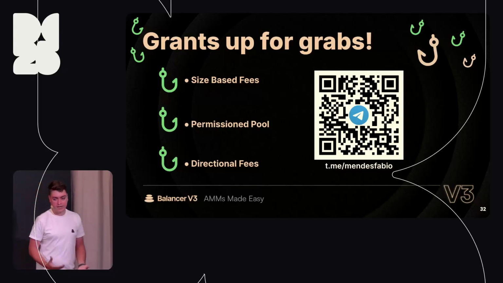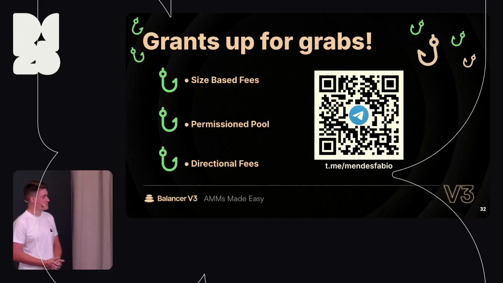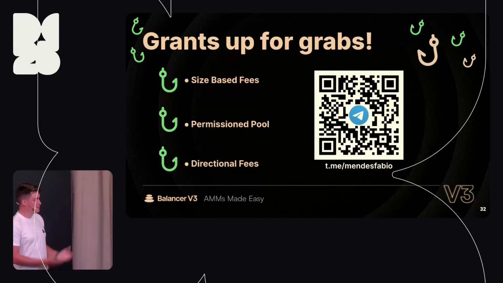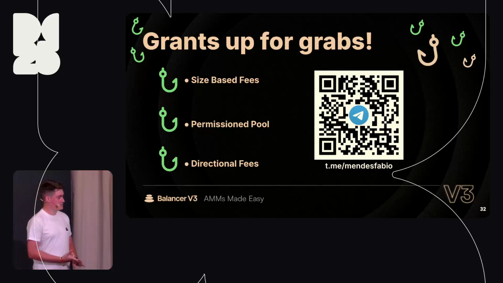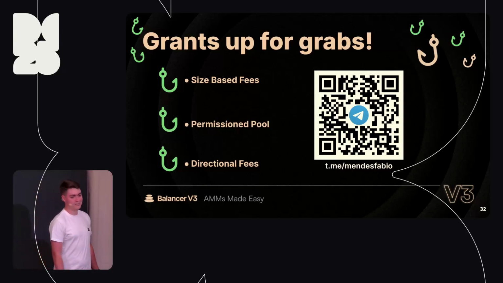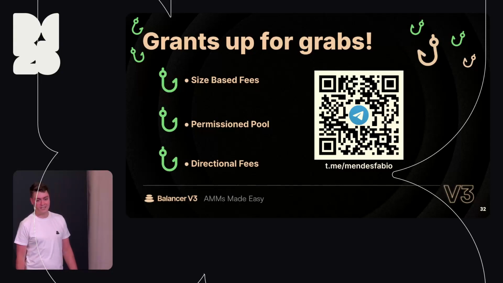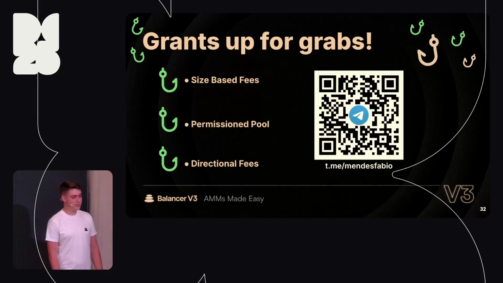Some projects have already reached out to us asking for a solution to have permissioned swappers or liquidity providers. There are many ways to build this. You can use attestations, you can just hard code a bunch of addresses on your contract, but you have to come up with a good and scalable solution for this problem. We're just throwing a few ideas out.